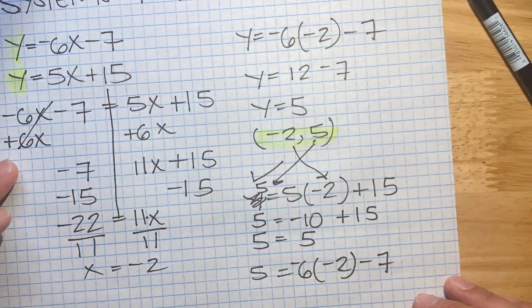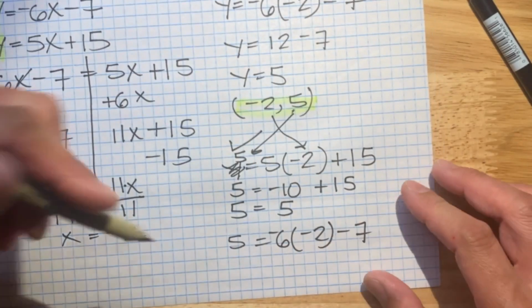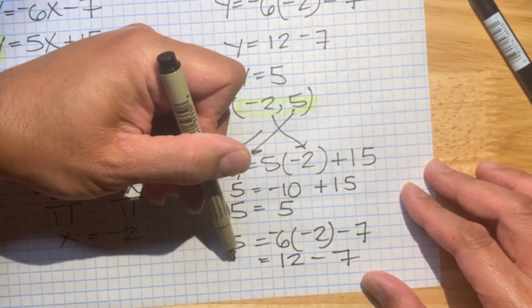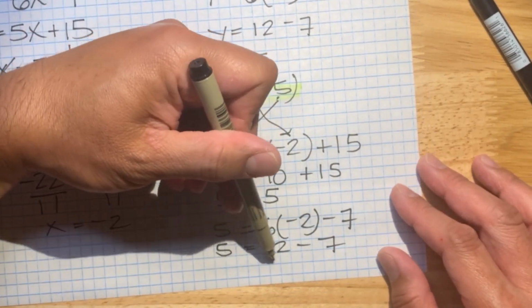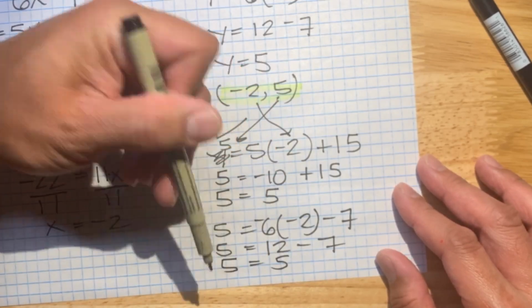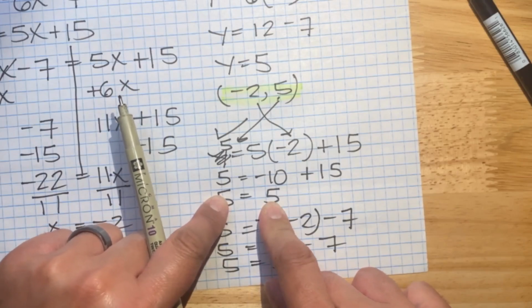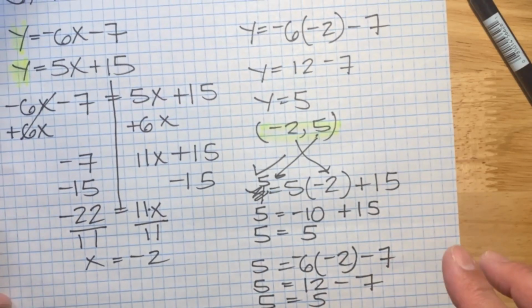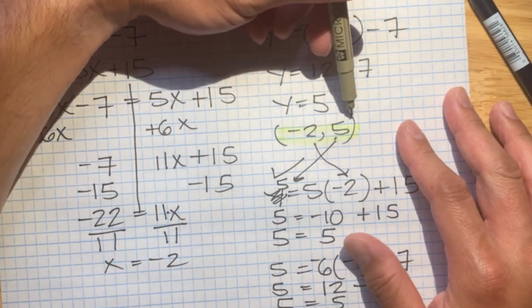And let's see if this really does equal 5. So negative 6 times negative 2 is positive 12 minus 7. Bring down that 5. 12 minus 7 is 5. So both sides do check out. 5 equals 5 for the one equation, 5 equals 5 for the other equation. So then that's when we know that negative 2, 5 is really our answer.